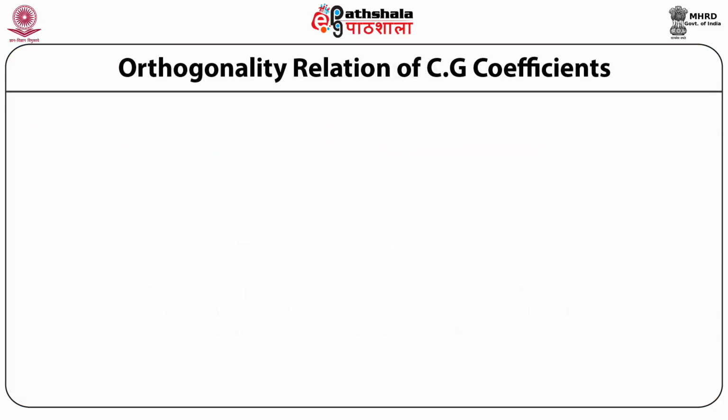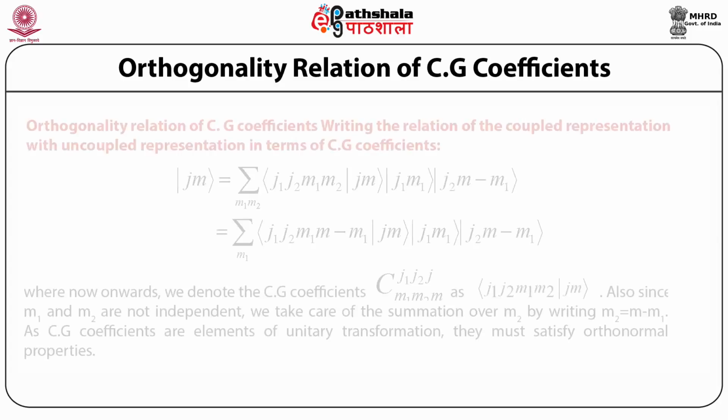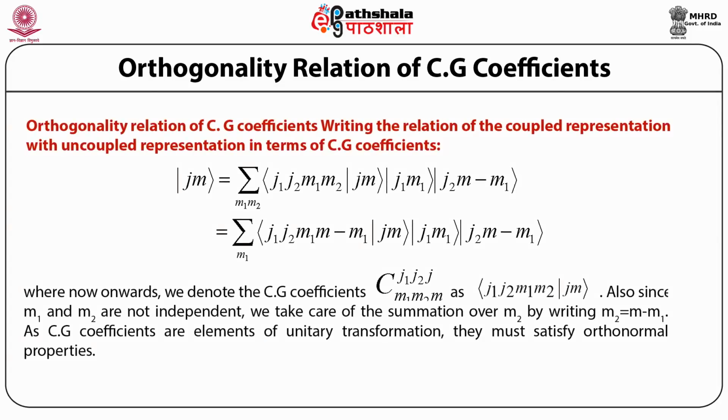Orthogonality relation of the Clebsch-Gordon coefficients. Now let us look at the orthogonality relations of the Clebsch-Gordon coefficients. We start by writing the relation of the coupled representation with the uncoupled representation in terms of the Clebsch-Gordon coefficients.